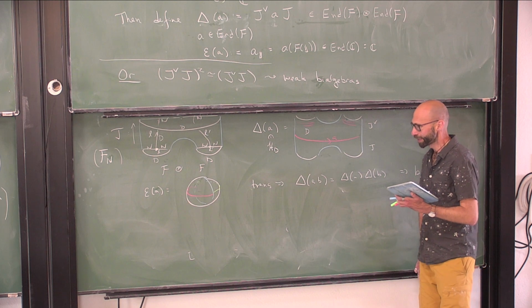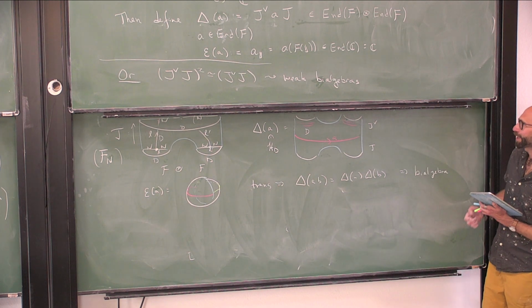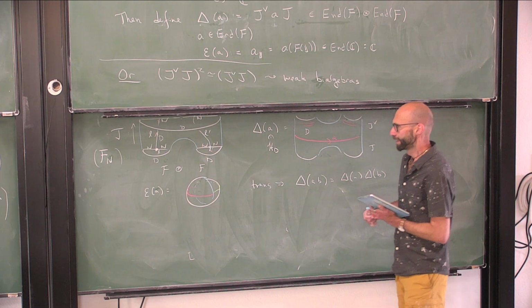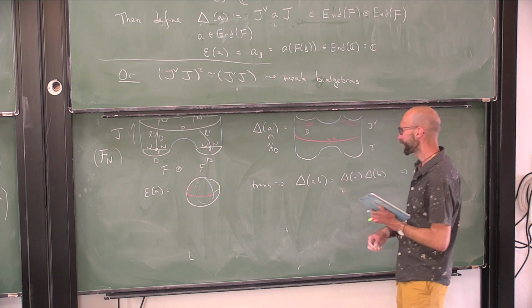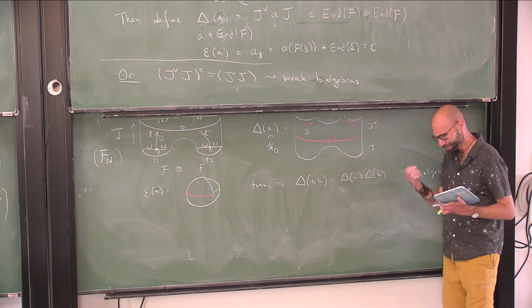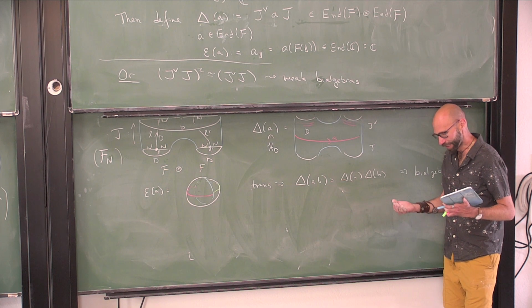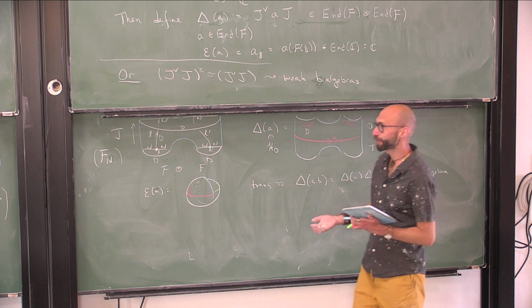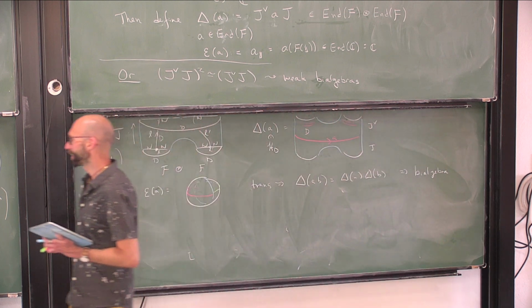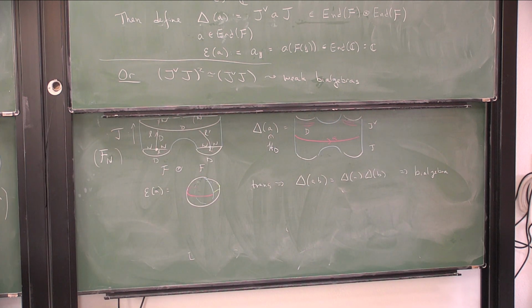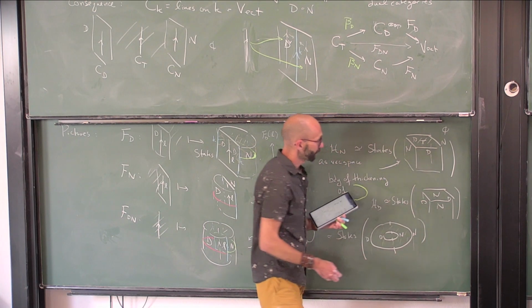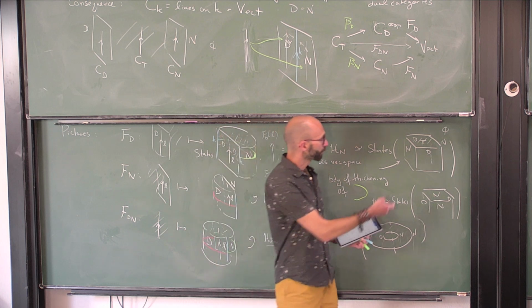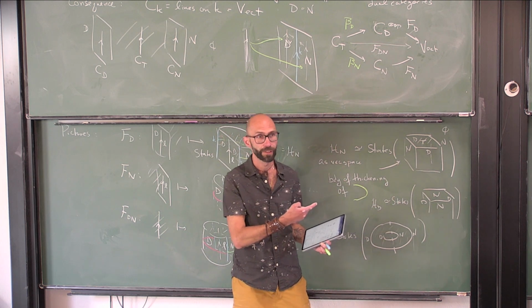I'll say the last fun part of this. Sorry, this is maybe too many details, but also just a really nice setup. There's a pairing between HD and HN, and it's non-degenerate just because these rectangle state spaces are the same state spaces up to a reversal of orientation.